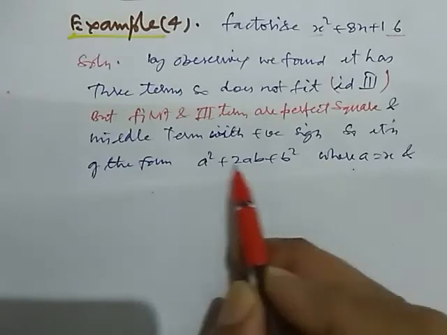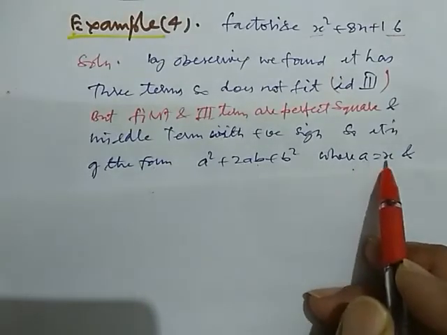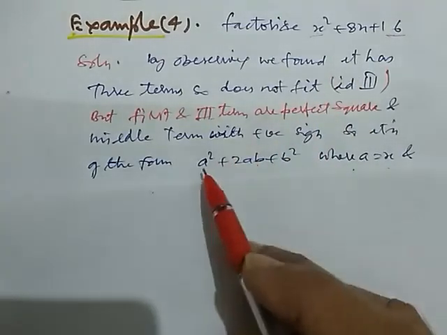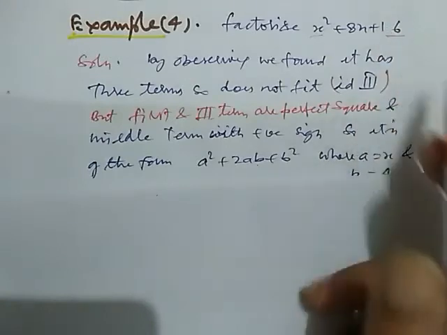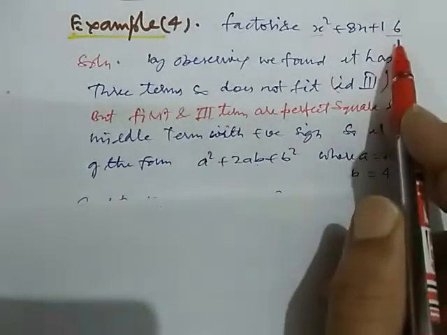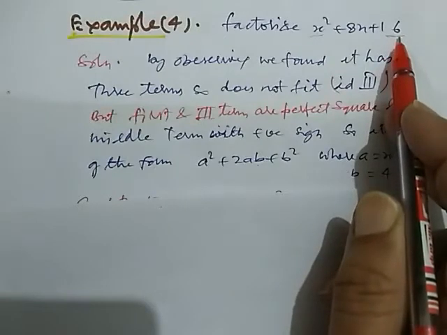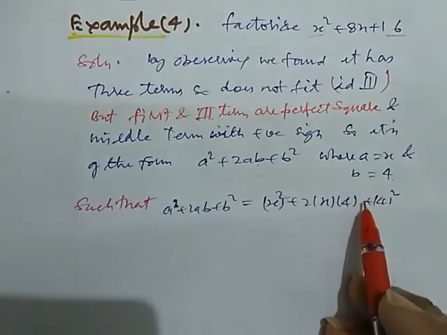Our middle term is plus, so we consider plus twice ab, where a equal to x and b equal to 4. This is b square and this is 16, so 16 can be written as 4 whole square. So b equal to 4.